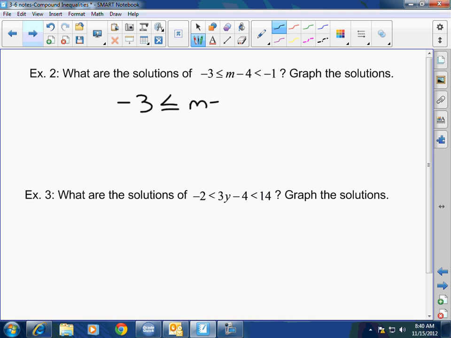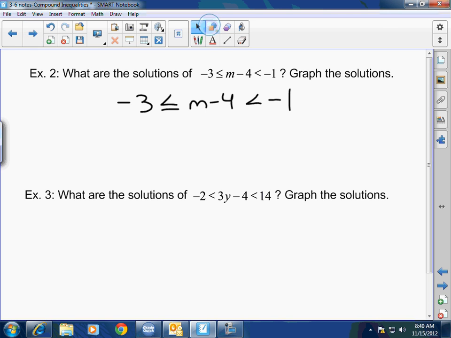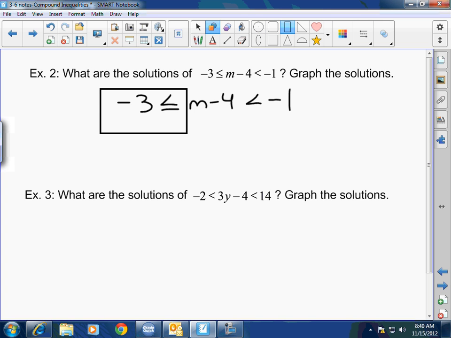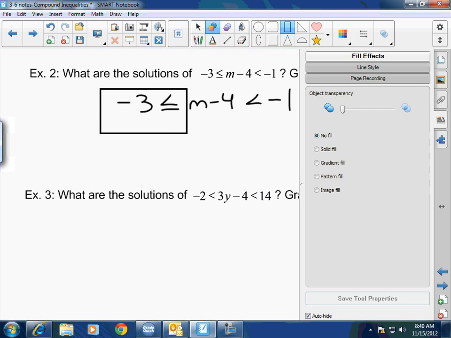Again, if you know how to solve an equation, you've got no worries. If you're still sticky on the equation, still not sure, this is going to be a little bit tougher.